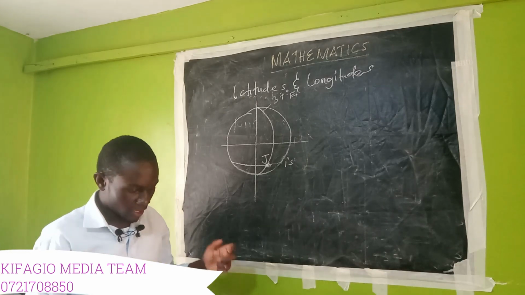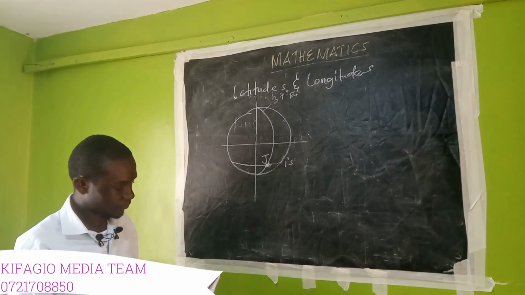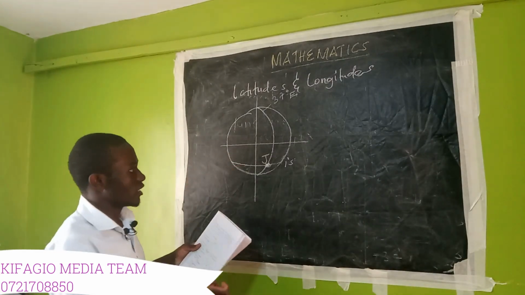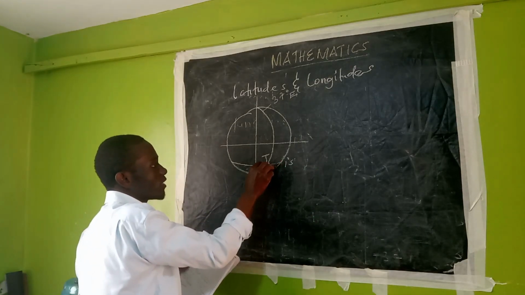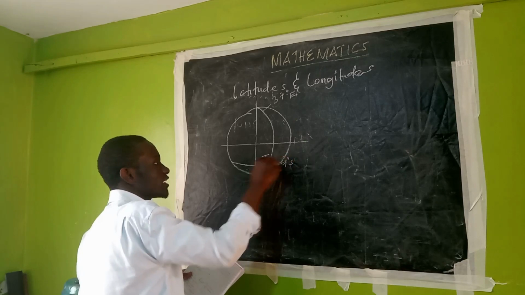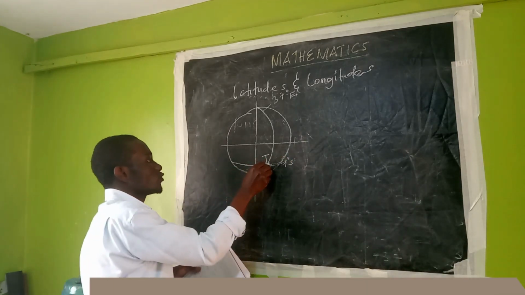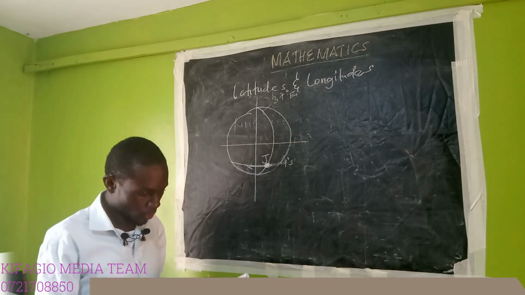And then aircraft A and B departed at 11 p.m. We are told that A flew due east. So this aeroplane A took that direction, and B flew due west. It took this direction. So that is due east, and this one is due west.